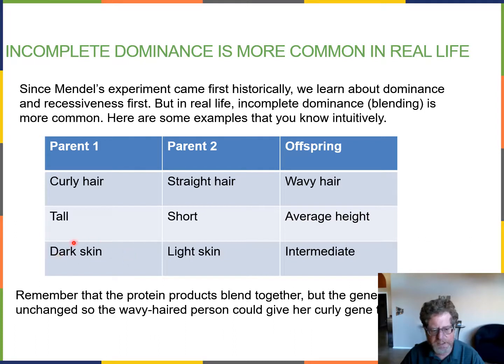If you have a dark-skinned parent and a light-skinned parent, it's likely the offspring will be intermediate in color, darker than the light-skinned parent, but lighter than the dark-skinned parent. Okay, the protein products are blending together, but the genes are unchanged. So the curly-haired offspring could give the wavy hair gene to its next generation, and his kid might have curlier hair than him, depending on the mother's gene as well.